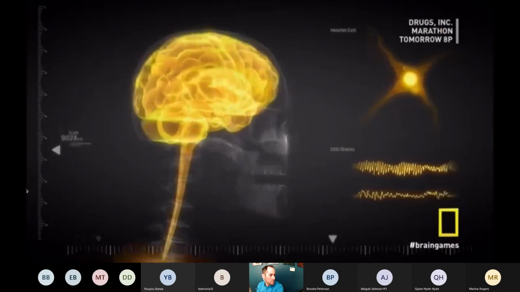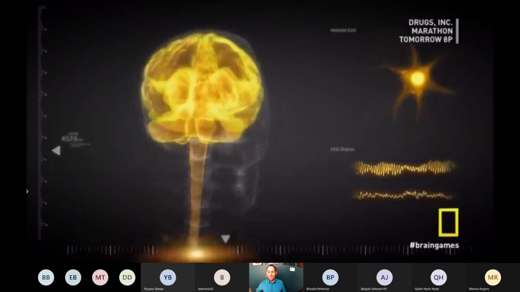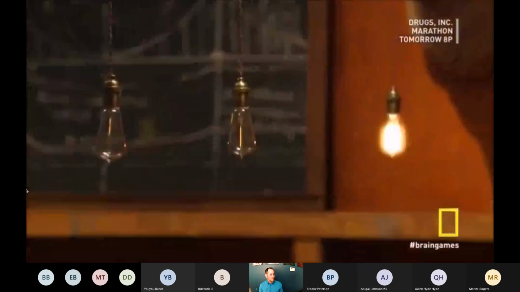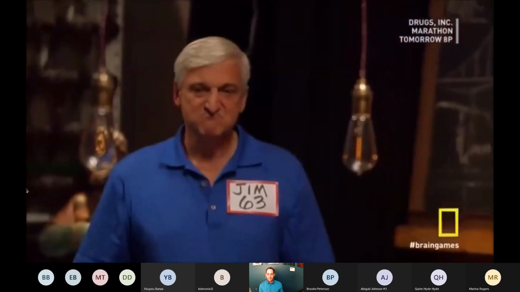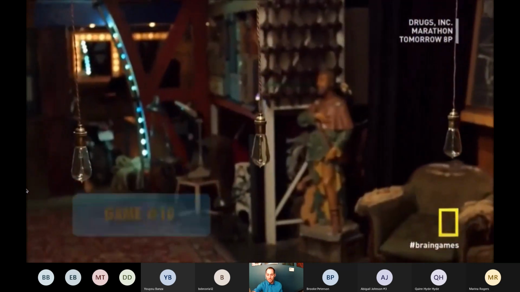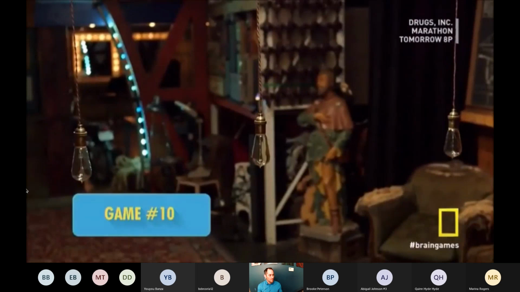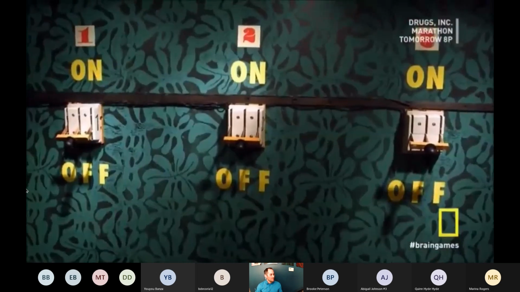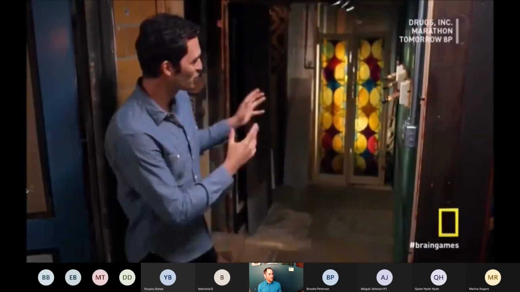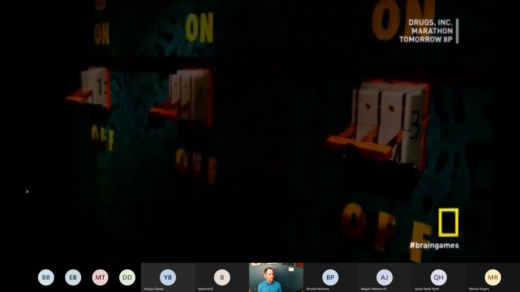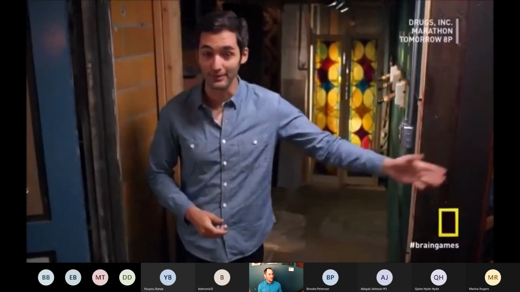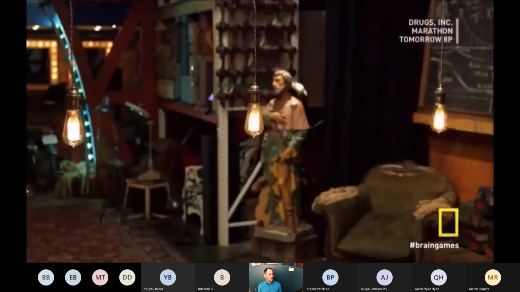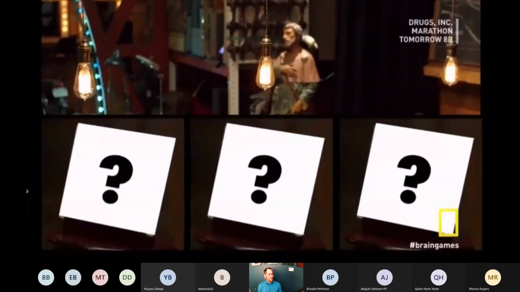News. Research shows that some parts of the brain can actually improve with age, and we're about to put that theory to the test. Take a look at these 3 light bulbs. Each one is controlled by a different one of these switches. All you have to do is figure out which switch corresponds with which bulb, and then label the bulbs 1, 2, 3.